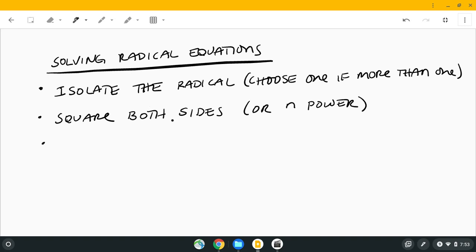So get the square root by itself, square both sides, you get rid of it. And if you have more than one, go find the other one, isolate it, square both sides, and you get rid of it.